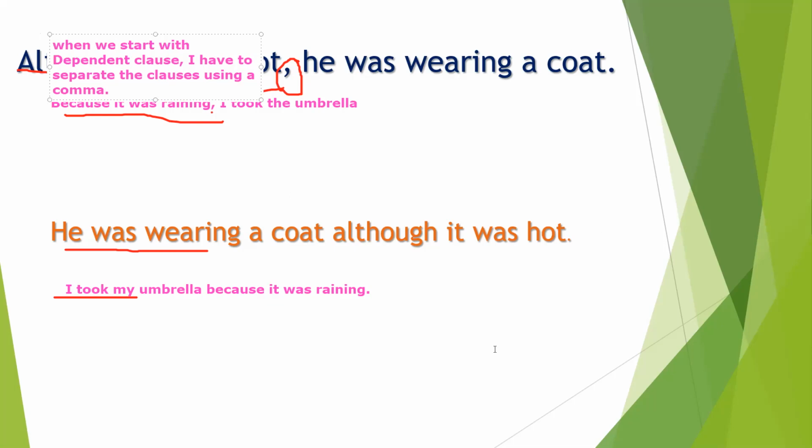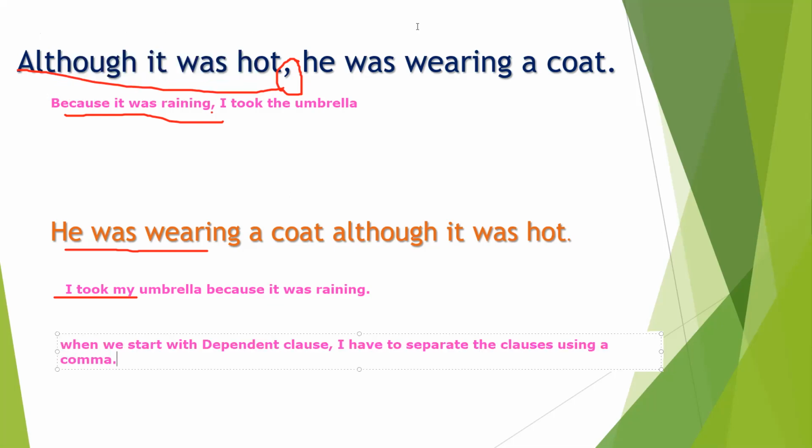Again, when we start our sentence with the dependent clause, I have to separate the clauses using a comma. What if I started with the independent? No. If I started with the independent, I don't use any commas. He was wearing a coat. See, I'm not using any commas here, although it was hot.